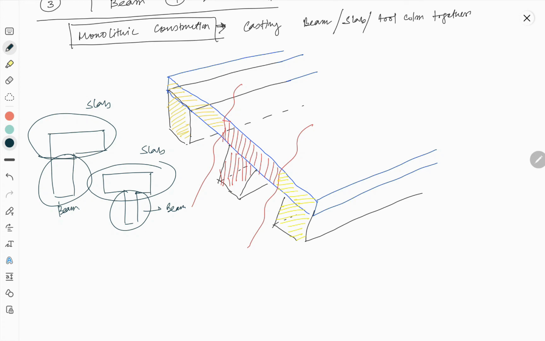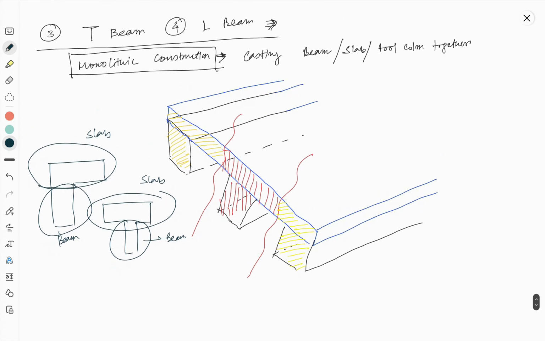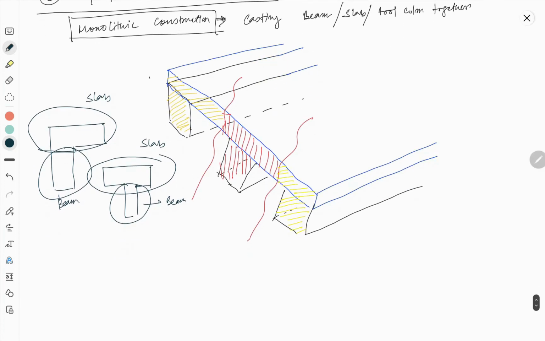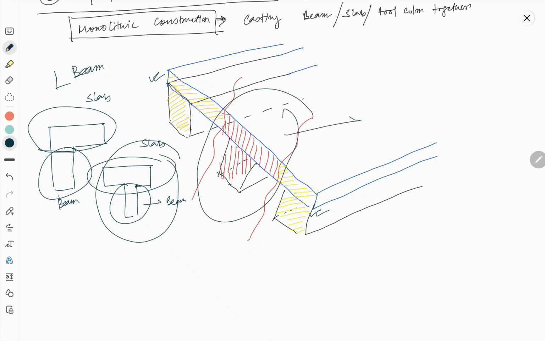So when casting the roof, you have to cast slab and beam together. The end portion of the beam and slab is known as an L beam. An intermediate one like this is known as a T beam. Hope the concept is clear to you.